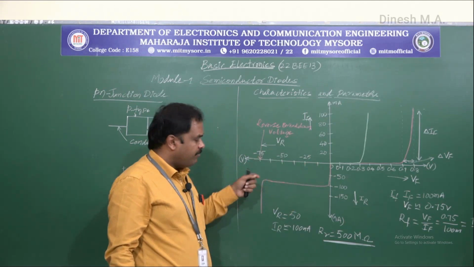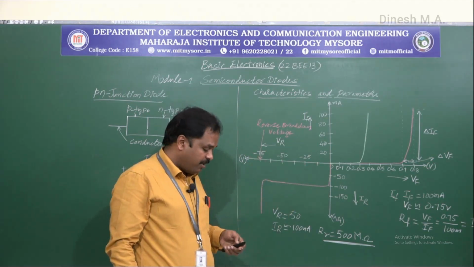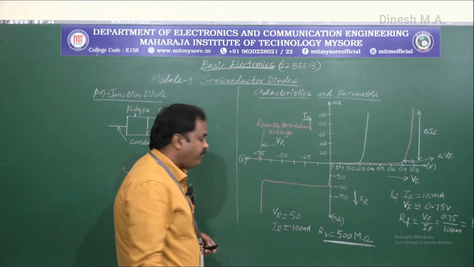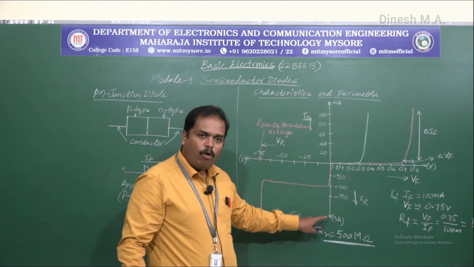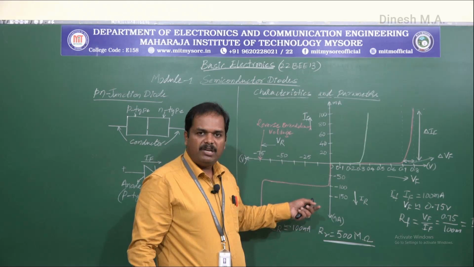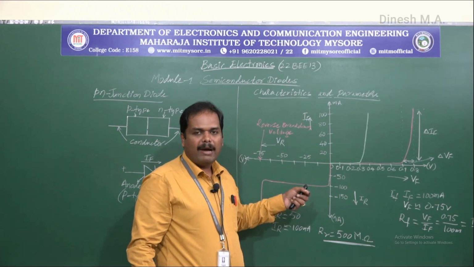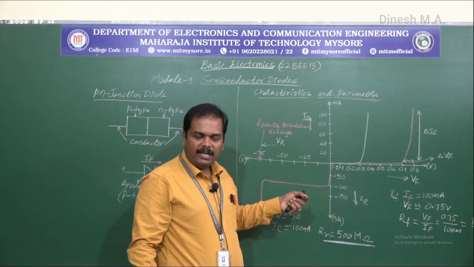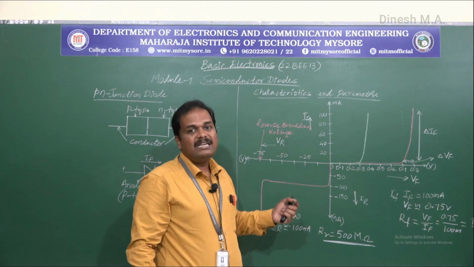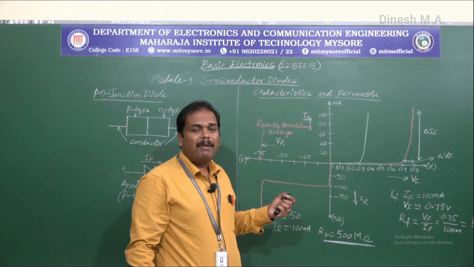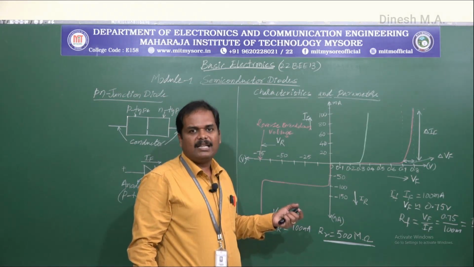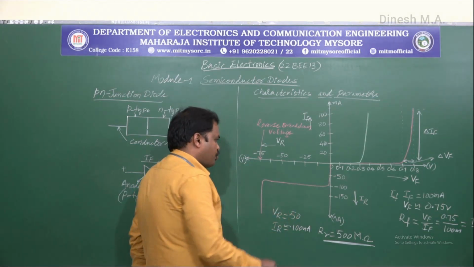Now coming to reverse characteristics of germanium diode. The current ratings will not be in nanoamperes in germanium diodes. It will be in microamperes, and typically when a germanium diode is reverse biased, there will be about 1 microampere of current flowing through the junction.